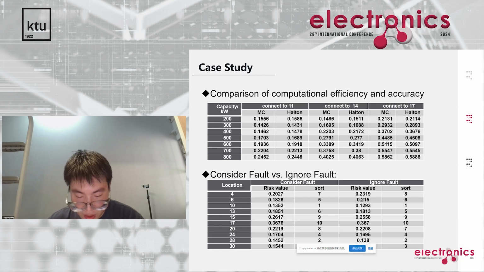The Halton sequence sampling method with 3,000 sets of samples is used, and the time recorded for the case study is 15% to 16% of MC, with a maximum error of only 2% compared to MC.